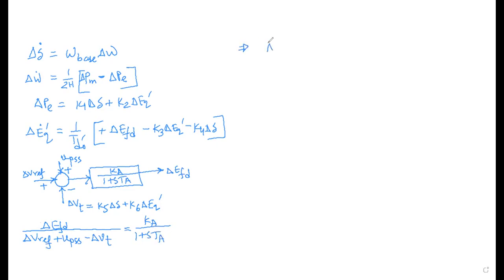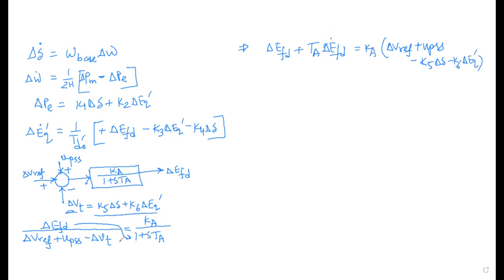Then if we continue, we will get delta EFD plus TA, basically cross multiplying. So we have TA into delta EFD dot, and that is your Ka into del VREF plus UPSS minus K5 del delta minus K6 del Eq dash, which is nothing but your del VT.